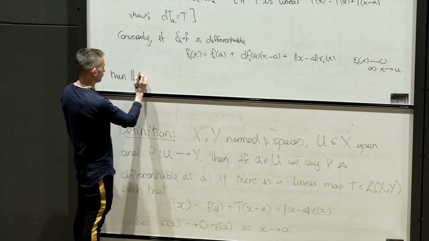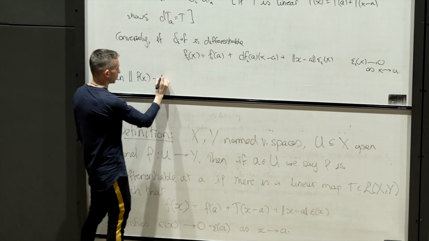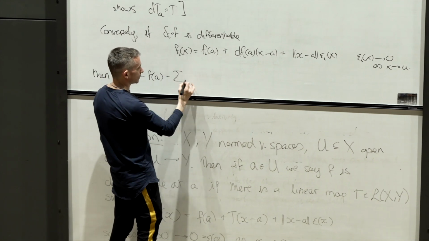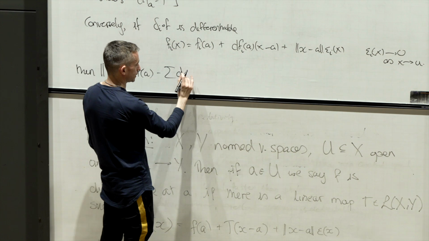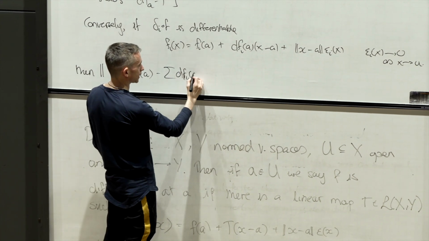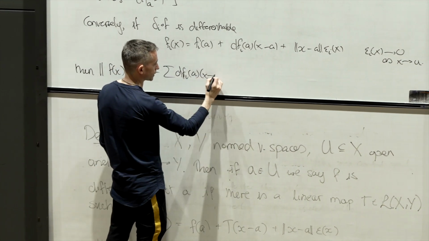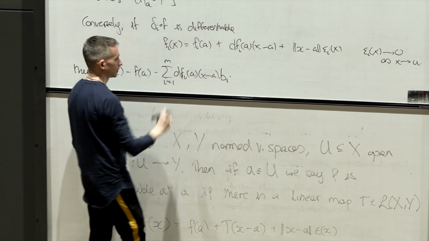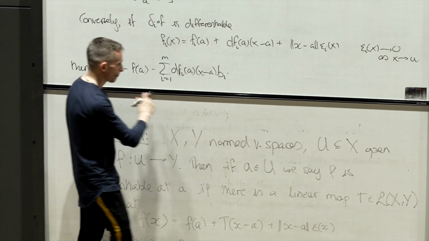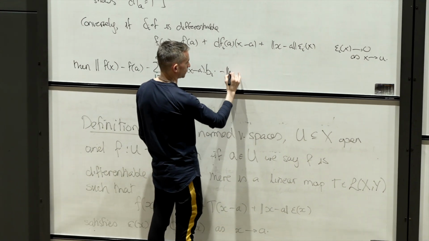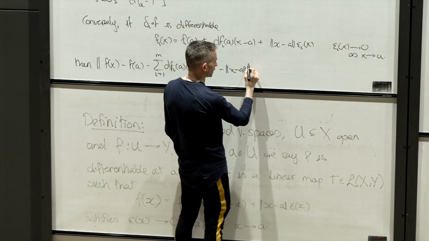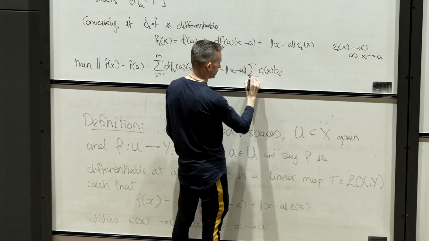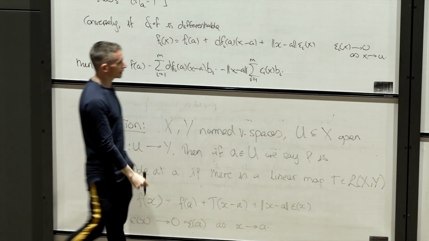The norm of f of x minus f of a minus the sum of df_i at a applied to x minus a times b_i, that's just taking the components, minus the norm of x minus a times the sum of epsilon_i of x times b_i.